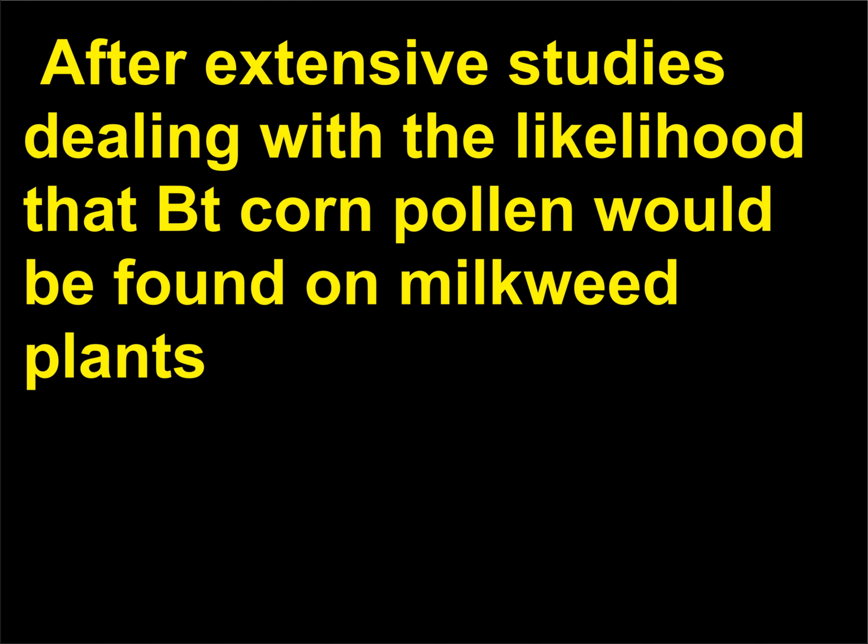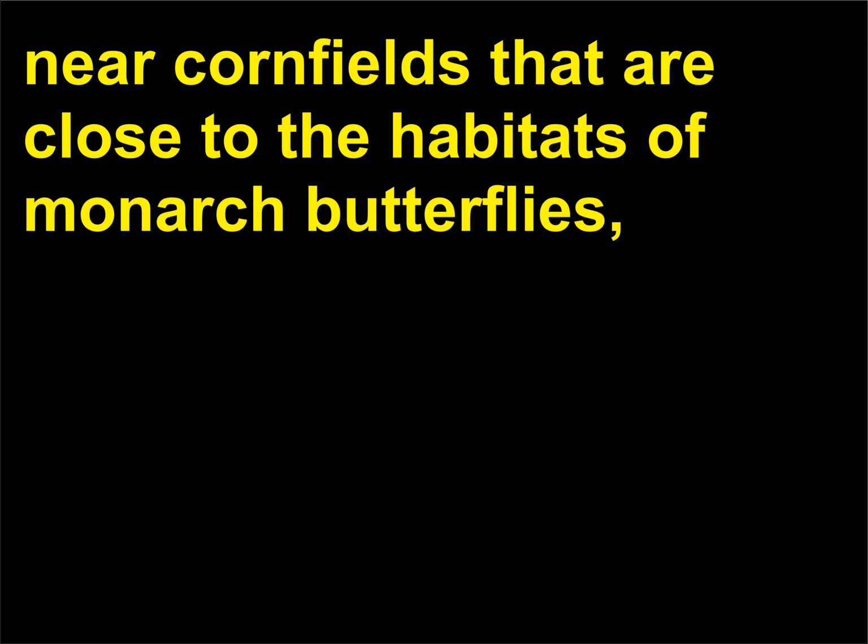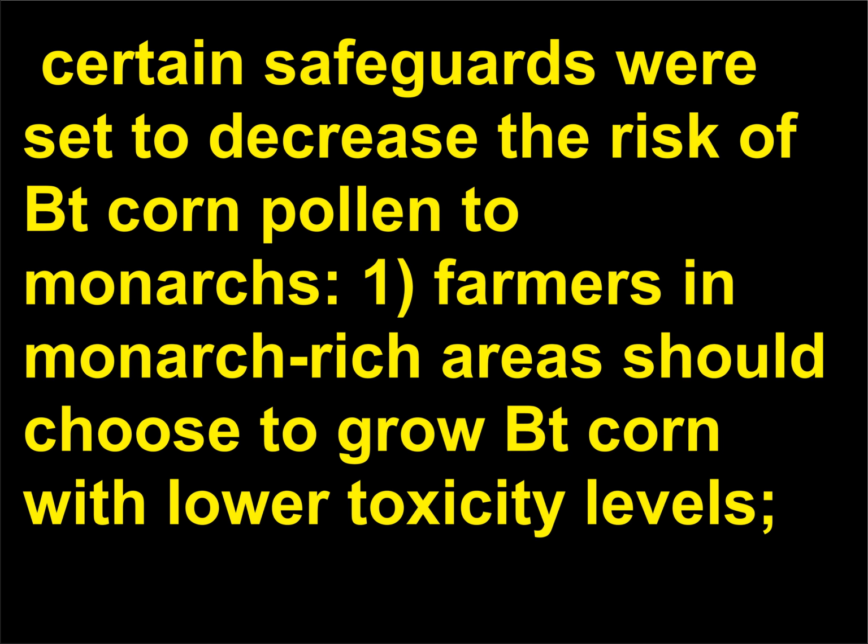After extensive studies dealing with the likelihood that Bt corn pollen would be found on milkweed plants near cornfields that are close to the habitats of monarch butterflies, certain safeguards were set to decrease the risk of Bt corn pollen to monarchs. 1. Farmers in monarch-rich areas should choose to grow Bt corn with lower toxicity levels. 2.